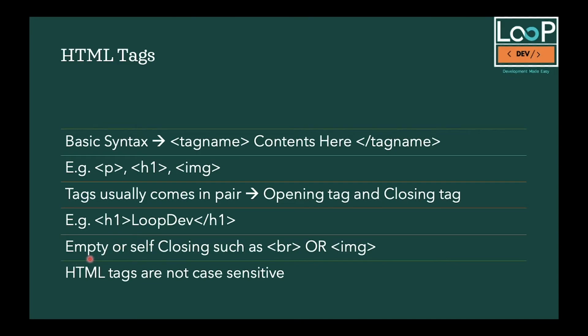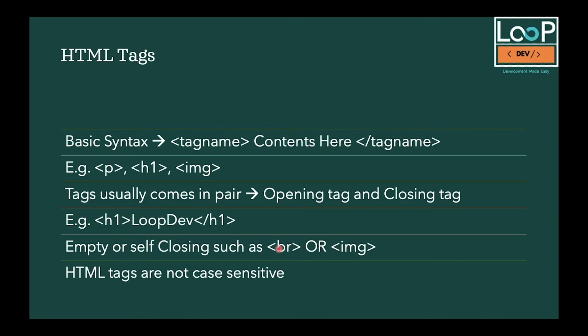In HTML, we also have a concept of empty or self-closing tags, such as BR or image. These tags do not have a closing tag, right? The reason that we do not have that is because we cannot put contents, or there is no need to put contents in there.